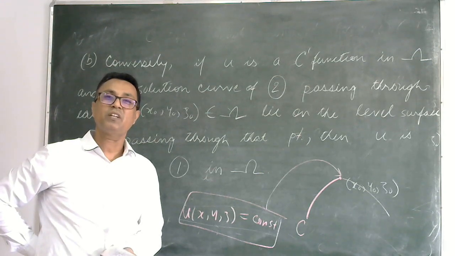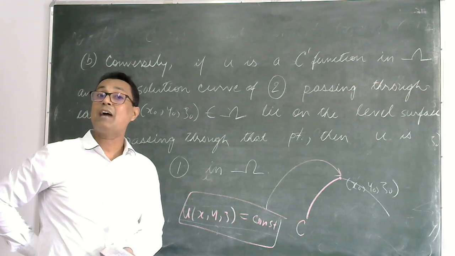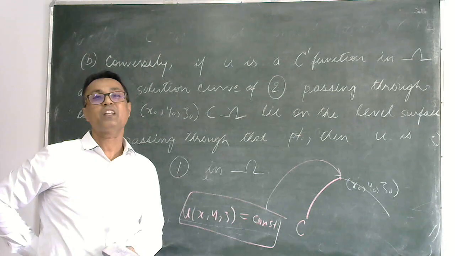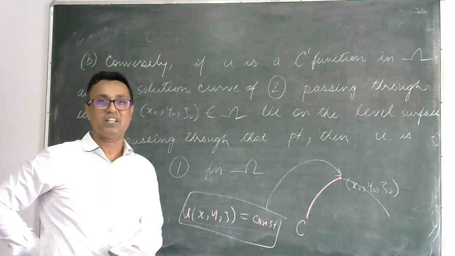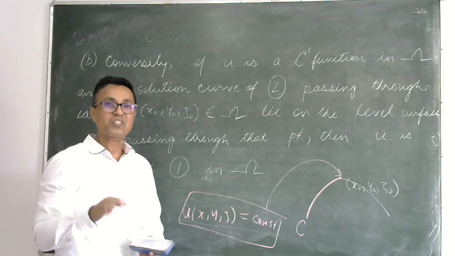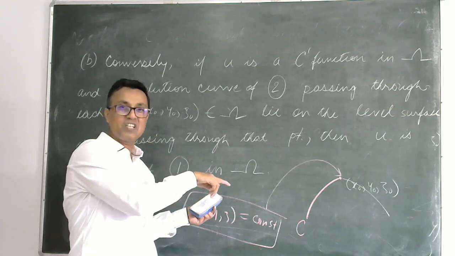Is it okay with everybody? But I am not talking about the same integral curve lying on those infinite number of surfaces. No, it is not going to be like that. Maybe I will tell you about the construction again just after proving this, so it is going to be more clear to you.